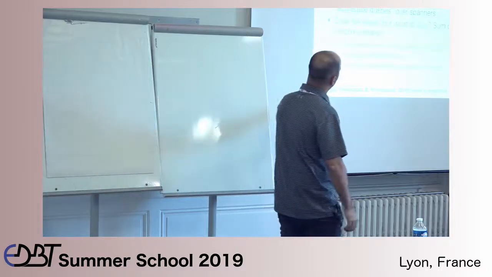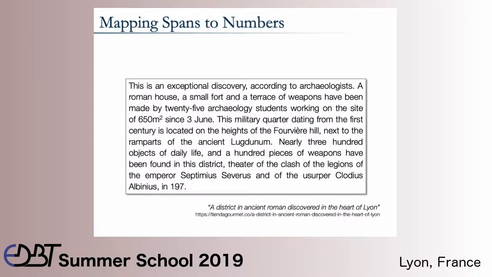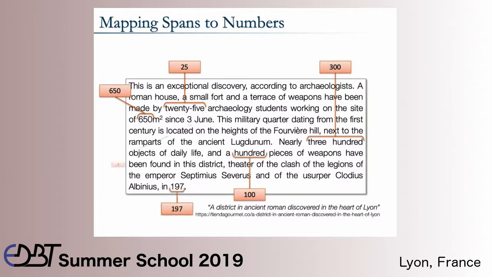Okay? So here, I will make the assumption that we have some function that goes into the document and translates spans into numbers. And this can be something that is quite natural, right? You have some function that goes into the document and finds patterns of numbers, like 25.